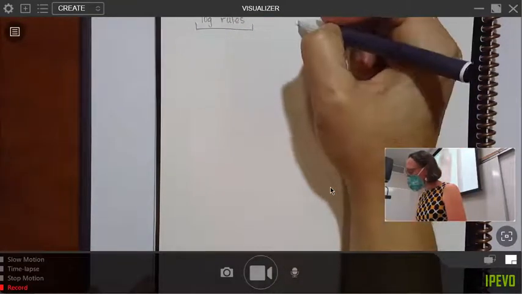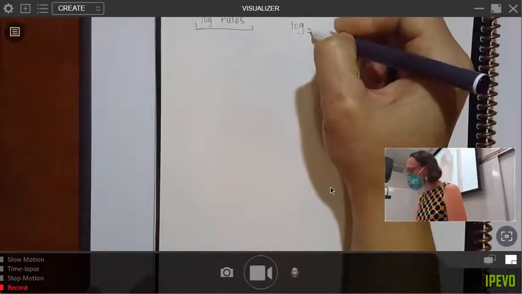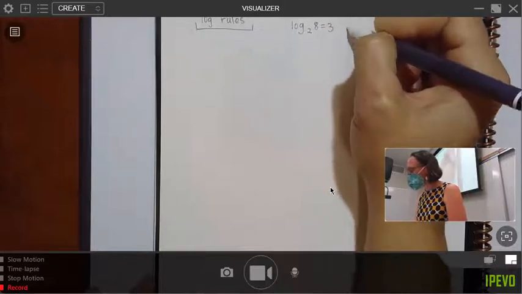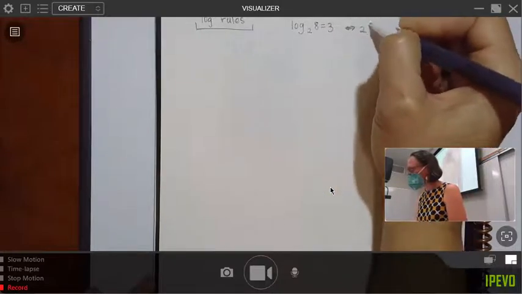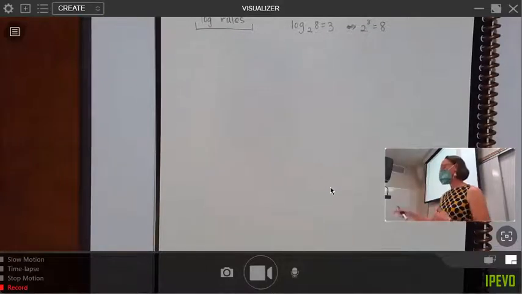And I always go back to this, and I like to keep it around: log base 2 of 8 is equal to 3 because 2 to the third is equal to 8. I just like to have that sitting around whenever I'm doing log problems. So if I get lost on what goes where, I can always fall back to that.